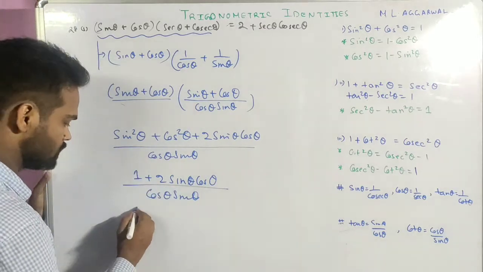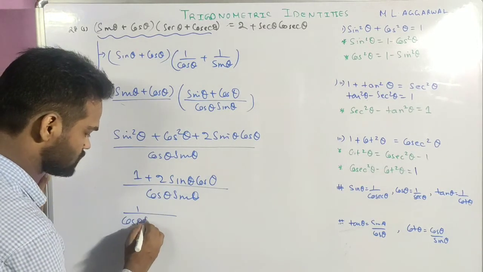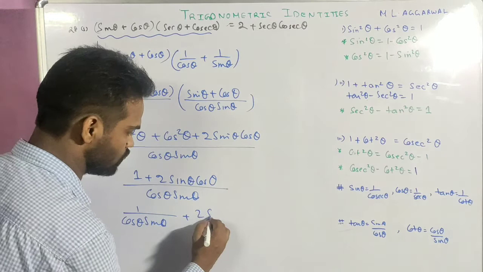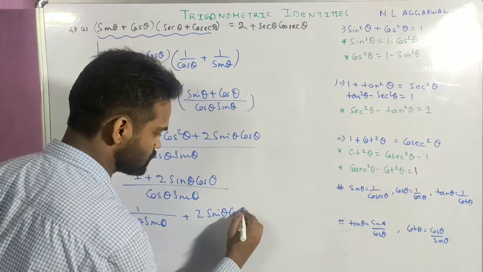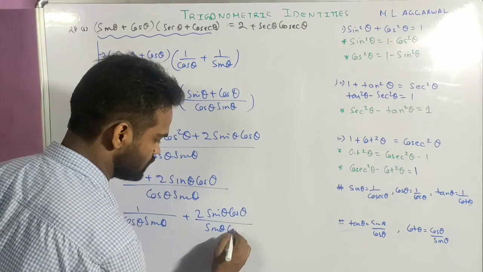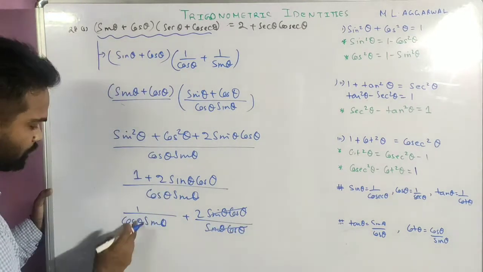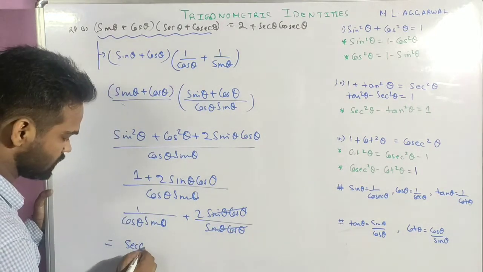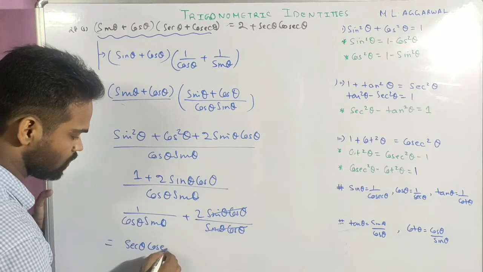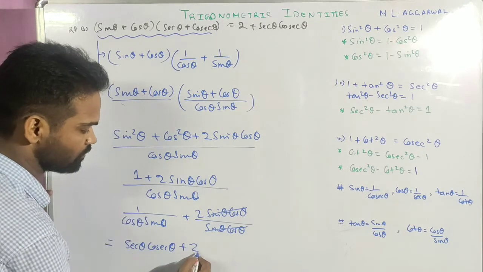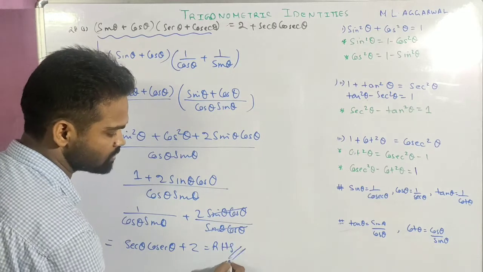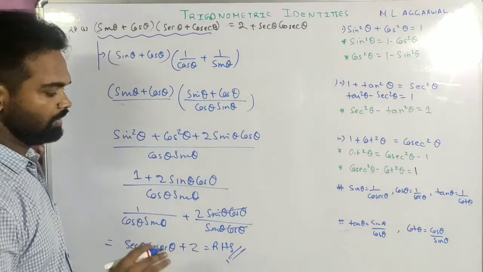Split it. So that becomes 1 by cos theta sin theta plus 2 sin theta cos theta by sin theta cos theta, isn't it? This and this cancels out. Now 1 by cos is sec theta, 1 by sin is cosec theta, plus 2 is left over here, and this is our RHS. Done.